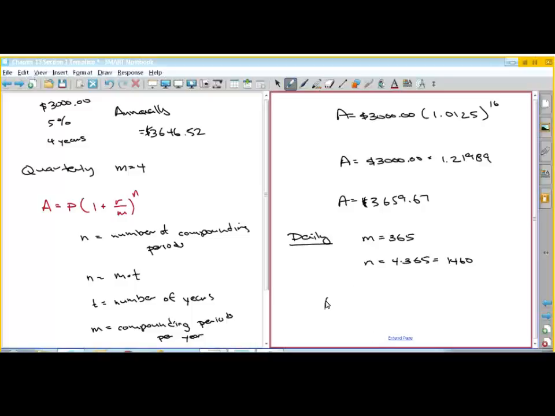But everything else remains the same. So the amount after 4 years compounding daily is going to be 3,000 times 1 plus the yearly interest rate divided by the number of compounding periods per year raised to the number of compounding periods total.